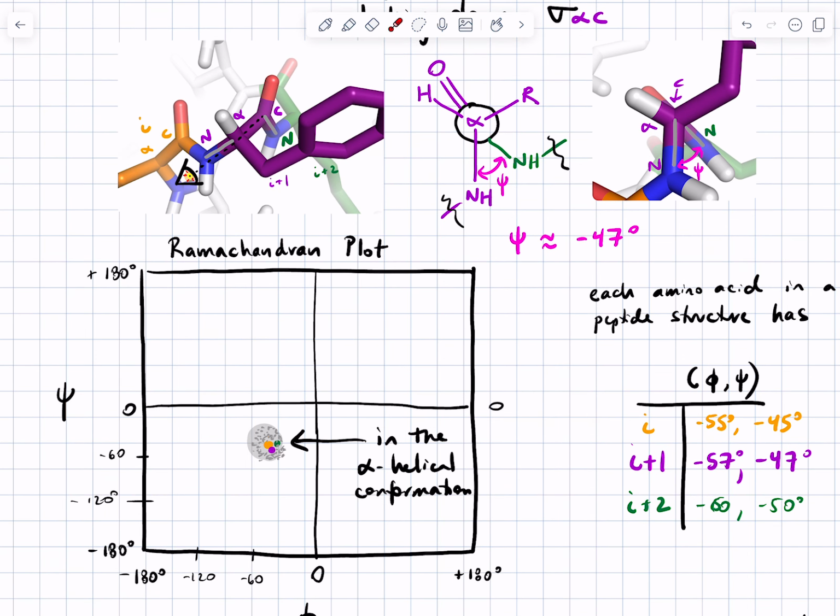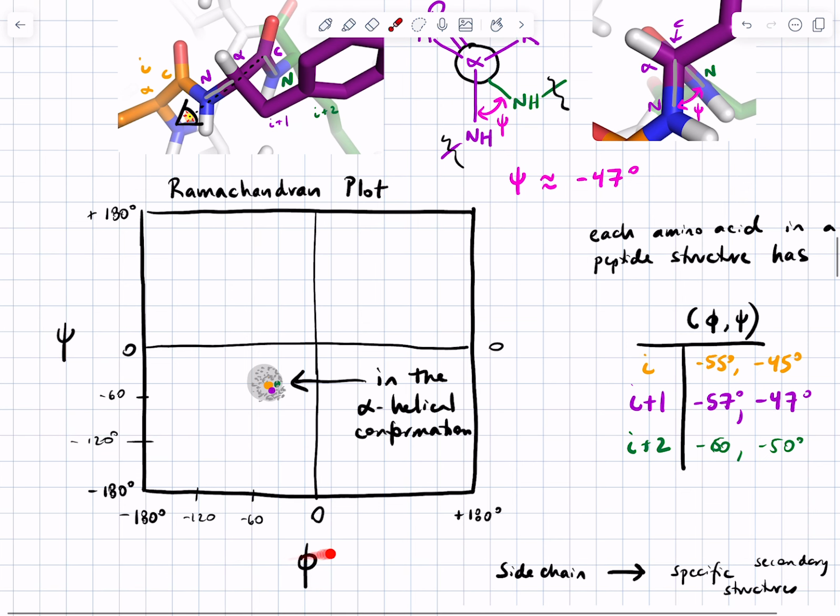Okay, so in a Ramachandran plot, you show the phi angle along the x-axis, and phi can have values from 0 to minus 180 and all the way to plus 180. At this stage, you're wondering what makes the plus angle positive and the minus angle negative. There is a particular sign convention, and it has to do with the dot product of two vectors and the cosine of an angle. So you don't need to worry about whether phi should be positive or negative.